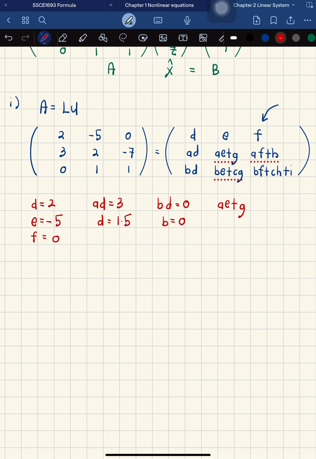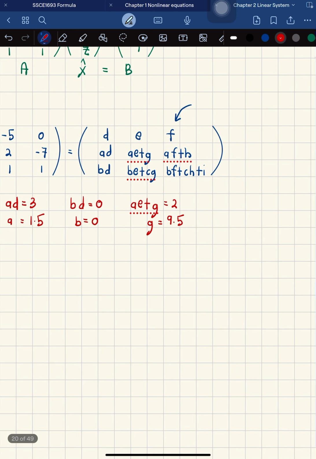AE plus G equal to 2, so G is equal to 2 minus 1.5 times E. E is equal to -5, so the answer is 9.5.